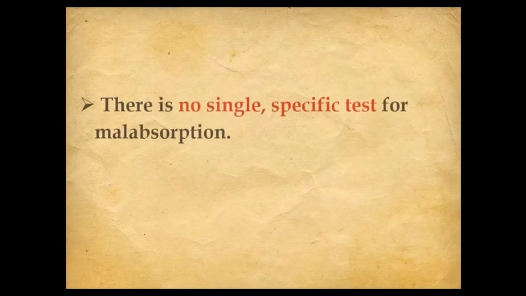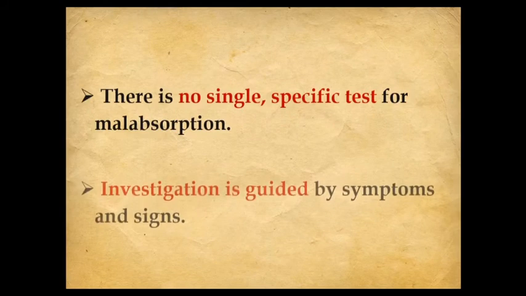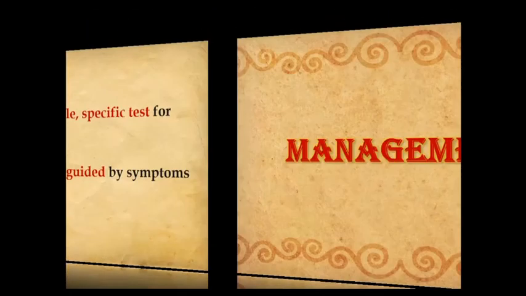Here we have to say there is no single specific test for malabsorption, and the investigation is guided by symptoms and signs. That's why, when we talk about the intestinal manifestations, the nature of the stool makes you think of the cause of the malabsorption, which part of the food is malabsorbed, and according to it you will put a plan for the diagnosis.